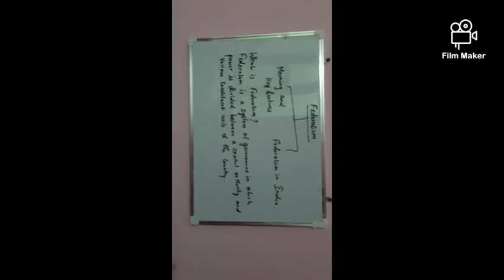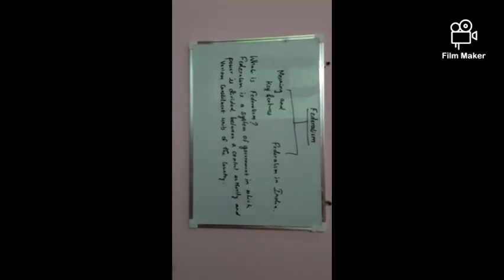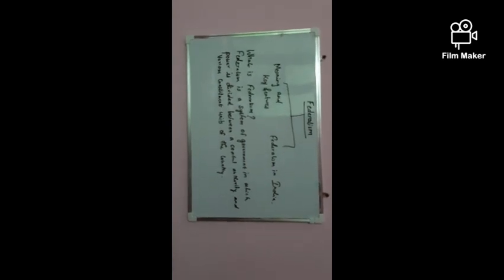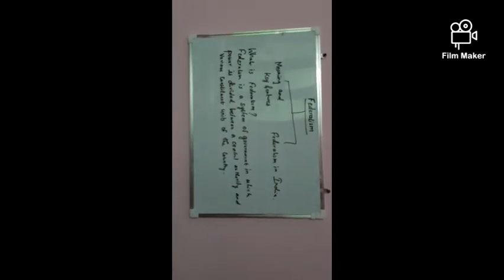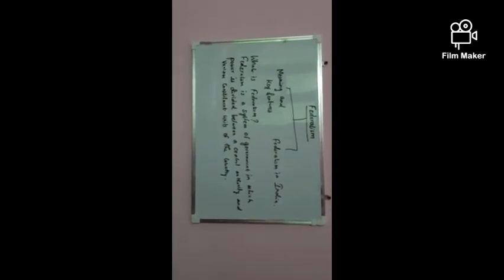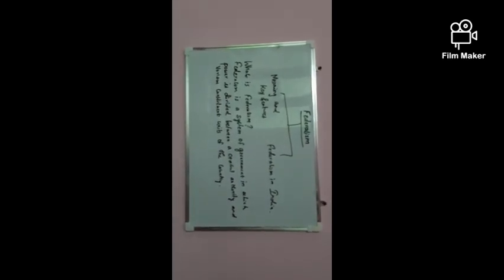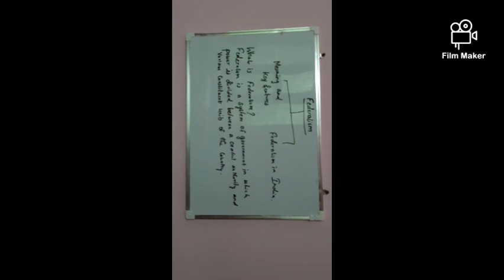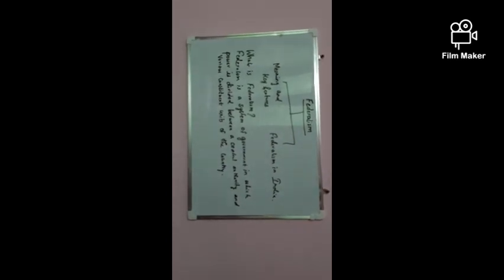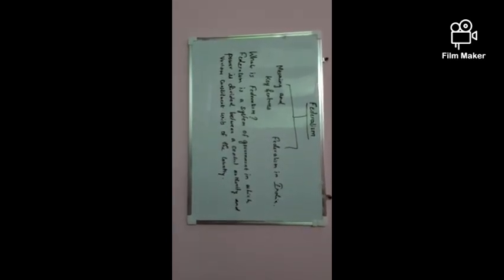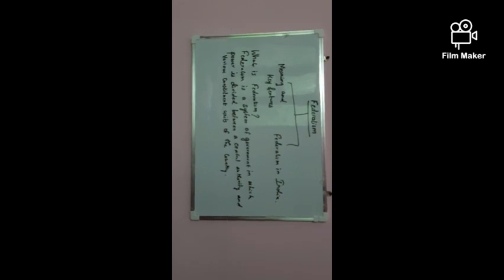So, children, in this video what we are going to learn is federalism. The federalism chapter has been divided into two subchapters. Meaning and key features will be the first part, and the second part will be federalism in India. First we can see what is federalism.